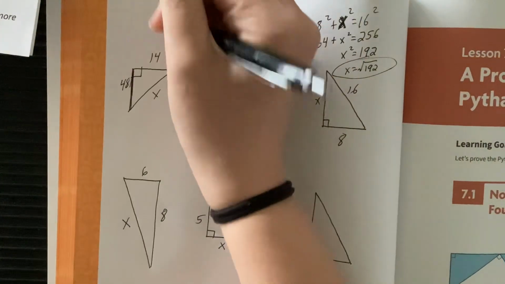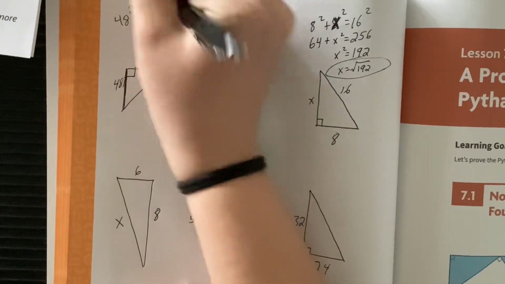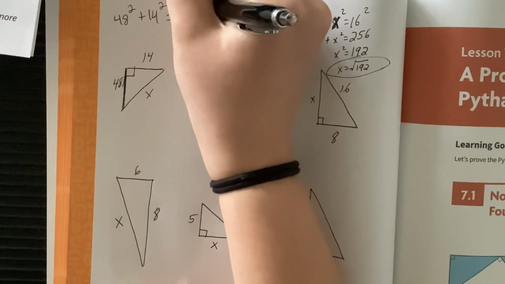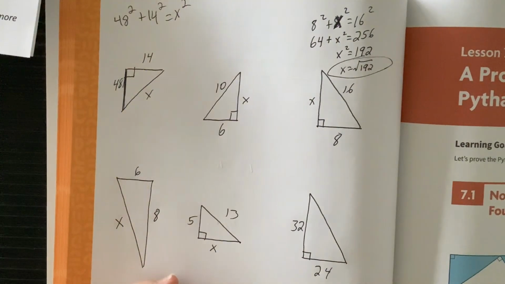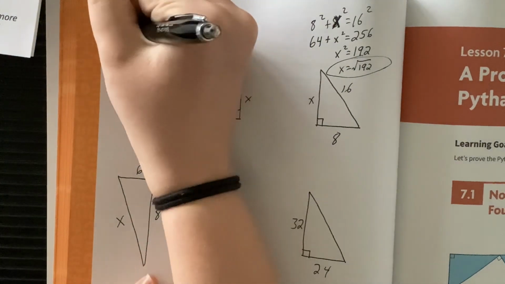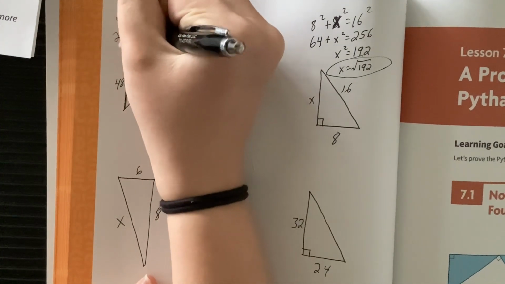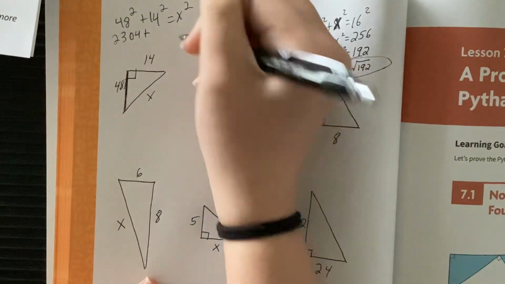So you take 48 squared plus 14 squared equals x squared. 48 squared is 2,304, I think. Plus 196.